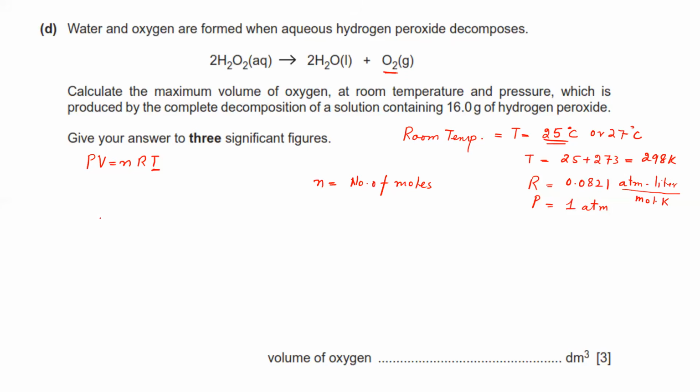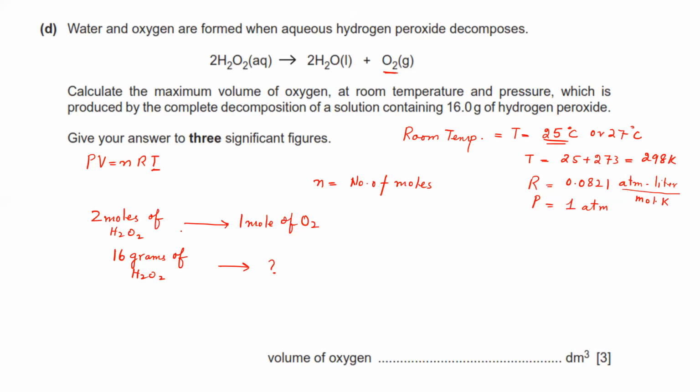So we have 2 moles of H2O2 results in 1 mole of O2. So it means that if we have 16 grams of H2O2, how much moles or grams of oxygen will be there?